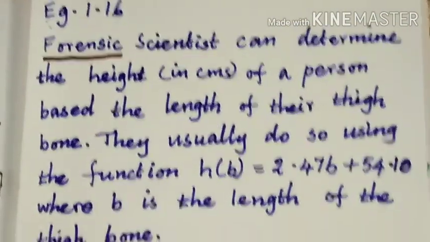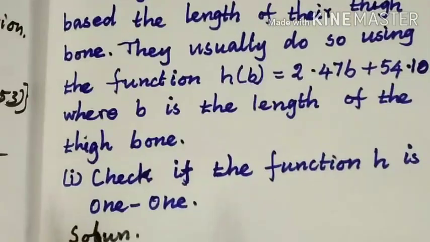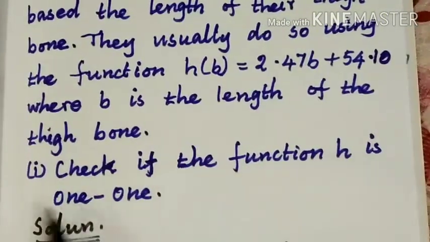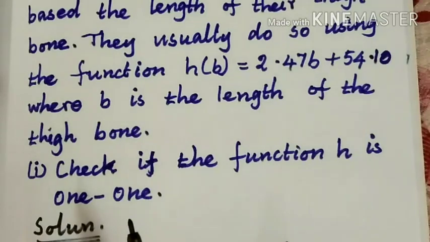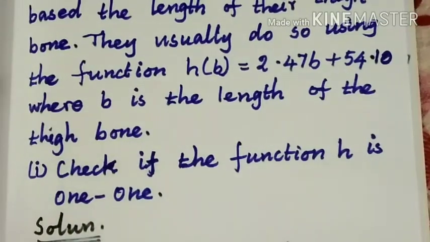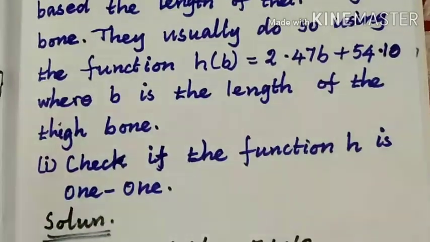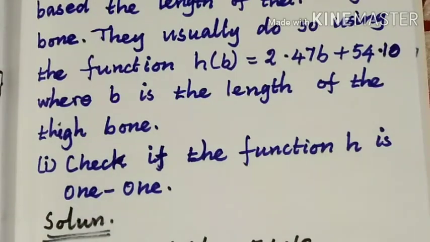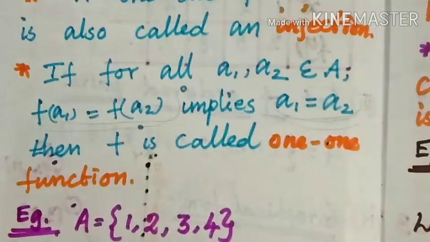See the first subdivision. Check if the function h is 1-1 function. So for this we use the second definition of the 1-1 function. Previously we have seen the definition of 1-1 function.